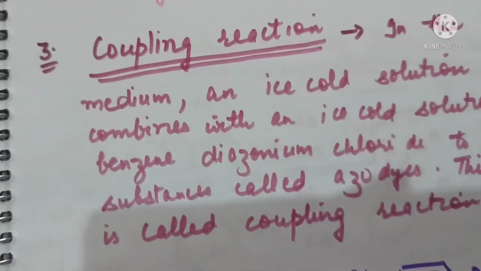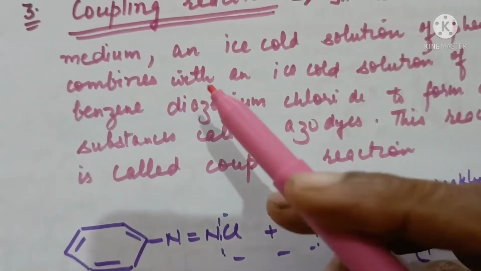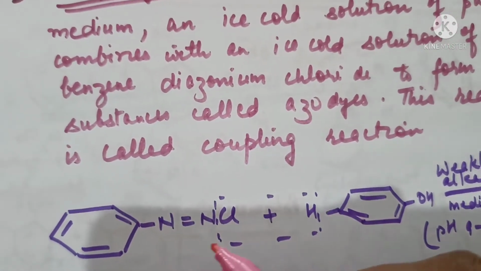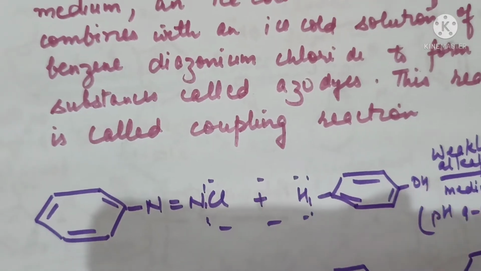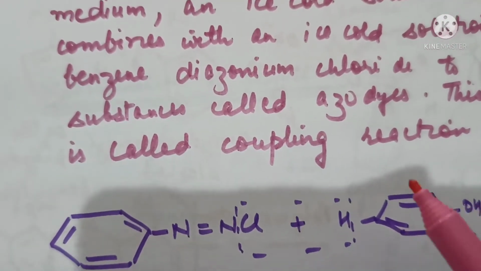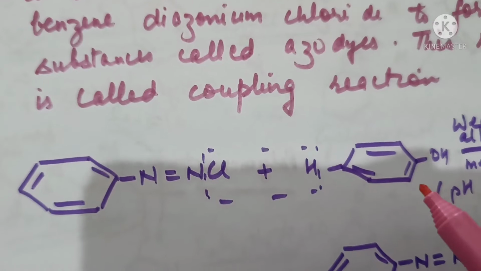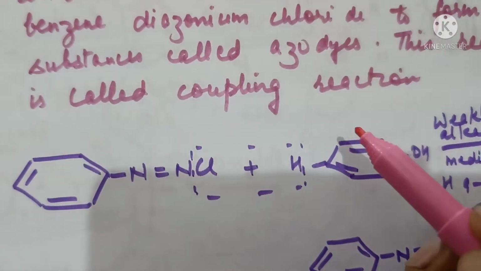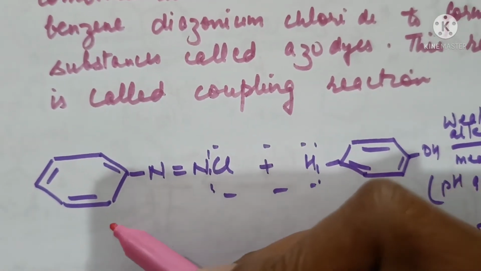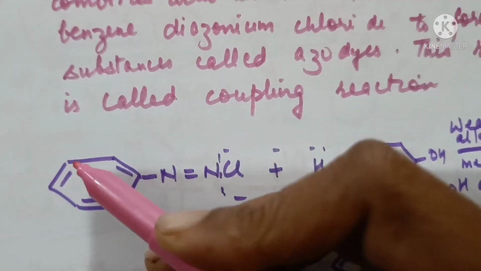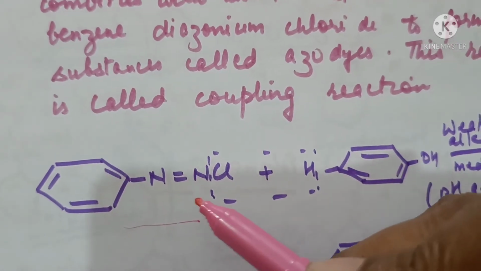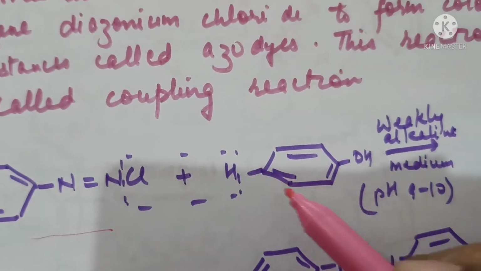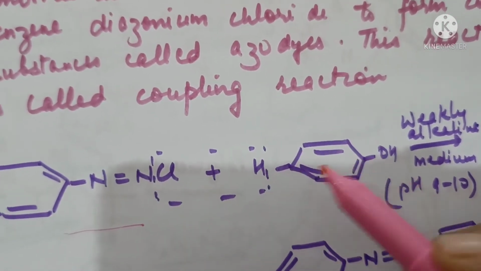Next special reaction of phenol is the coupling reaction. Now in coupling reaction, phenol reacts with benzene diazonium chloride under ice cooled conditions. One thing that you have to do to make the reaction simple is to place benzene diazonium chloride and phenol in horizontal position, and then the chloride of benzene diazonium chloride reacts with the para position hydrogen of phenol.